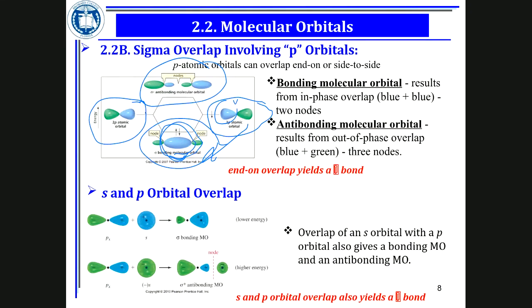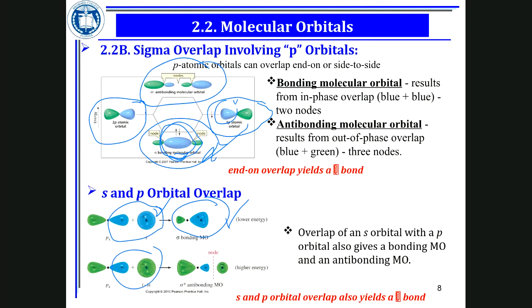If you have an s and a p orbital, see this constructive overlap. You have your positive side from the p orbital and a positive from your s orbital, so you could go with the shade of the color. If it's constructive, it's going to give you a stable or bonding orbital, and if it's destructive, it's shown with a different color.